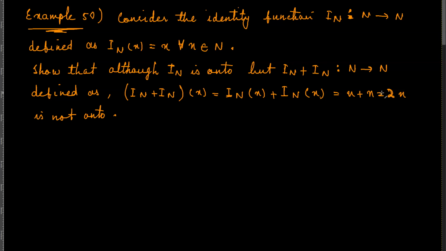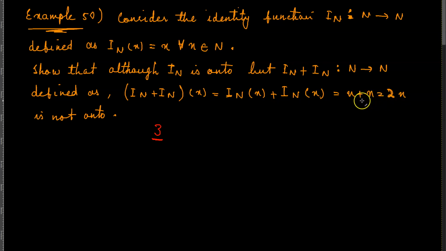So since you have a bunch of even numbers, if you have an odd number, for example 3, through this function it is not going to be mapped to anything.